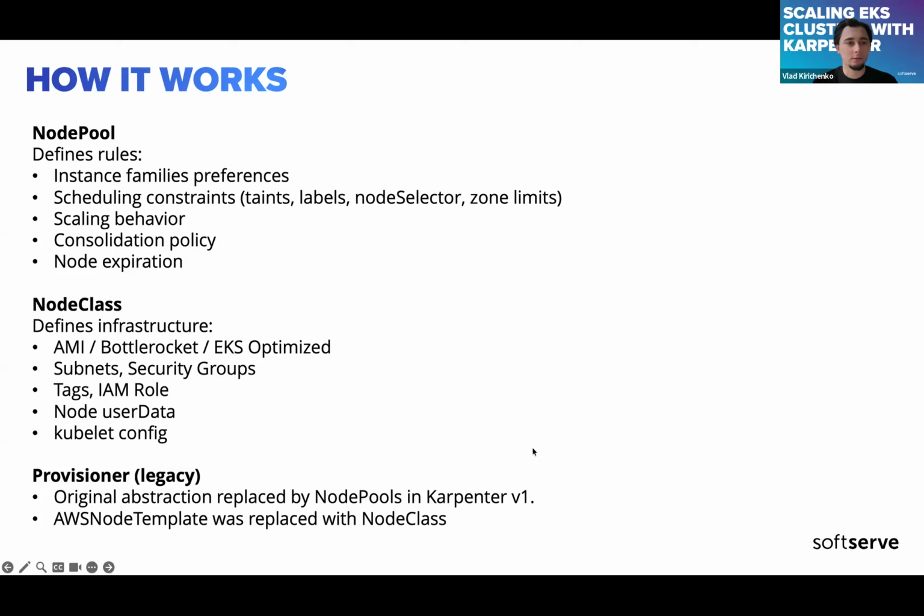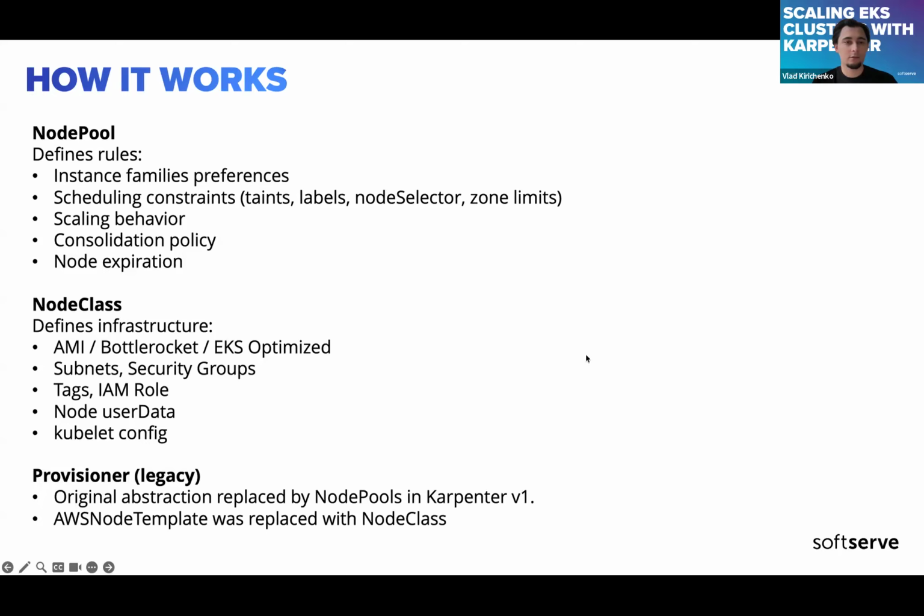We can set node expiration configuration, for example, to get the latest security patches. By default, the recommended option is 21 days. We can set more or less for that as well.